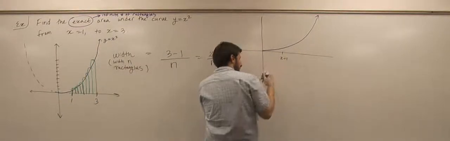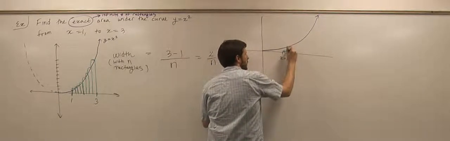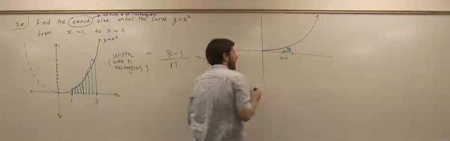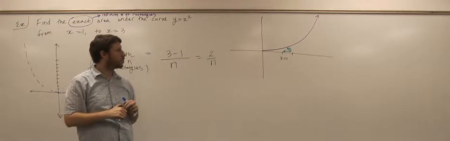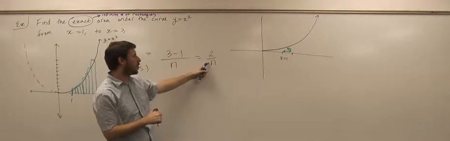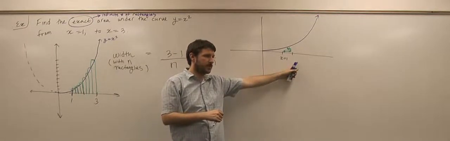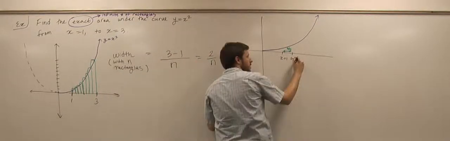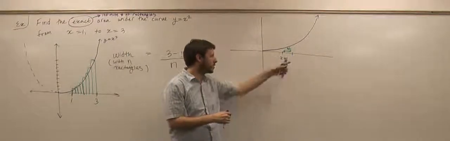If I want my width to be 2 over n, where is my next point going to end up? Like if this were 2 over 4, it'd be 1/2, right? So my next endpoint would end up at 1.5. If this were 2 over 10, then it would be 0.2. So my next endpoint would end up at 1.2.